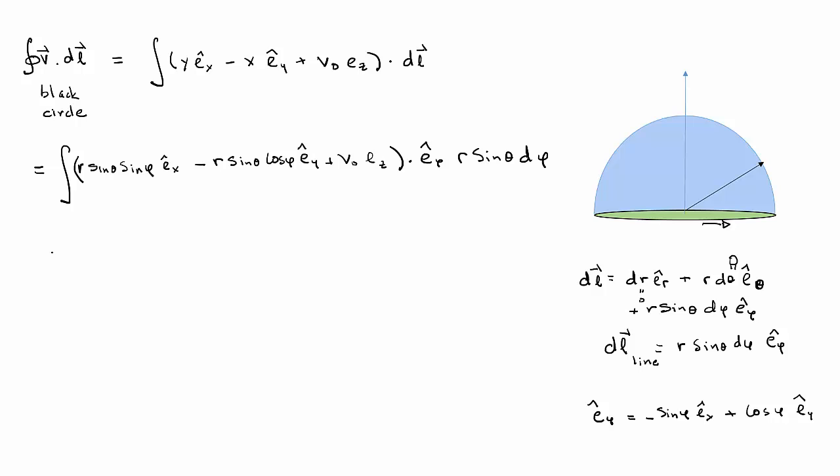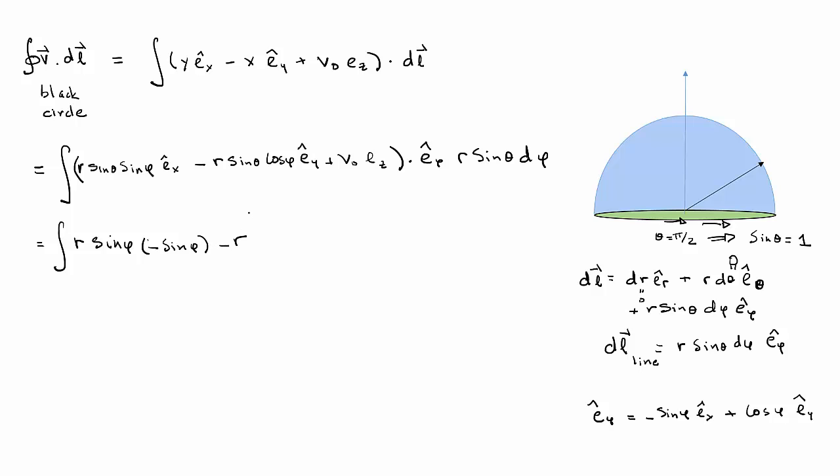When we take these dot products, we'll simplify further because over the entire circle here, theta equals pi over 2, which implies that sine theta reduces to 1. So I have r sine phi, but then I have ex dot e phi, which is a minus sine phi.